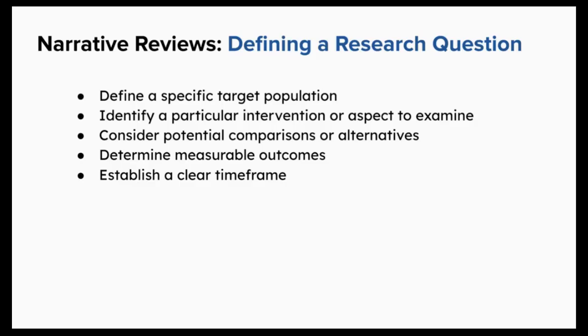However, as you come up with your first few research questions and you do your first few reviews, it can be helpful to reference these particular, I keep calling them levers, but really they're different elements that might pop up in your research question, whether that be a specific target population, a specific intervention, or a specific comparison.